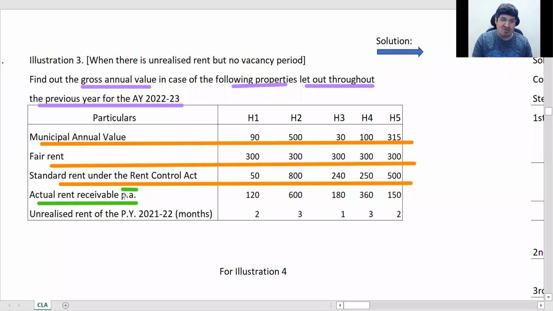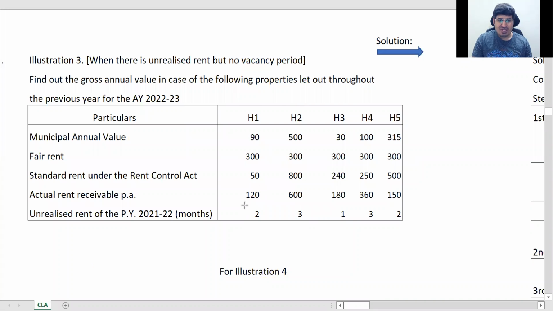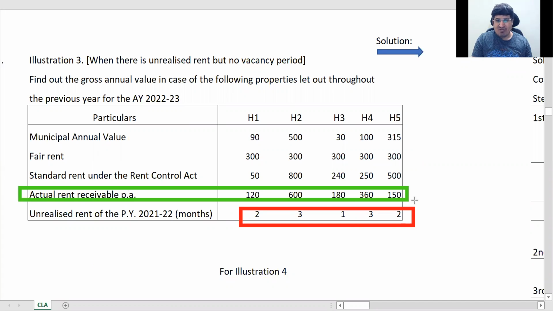If they would not have used this per annum, and had put only actual rent receivable, then I would have thought that the rent of this unrealized rent month is not included in this. That I would have assumed.